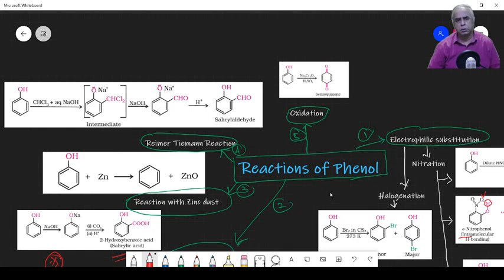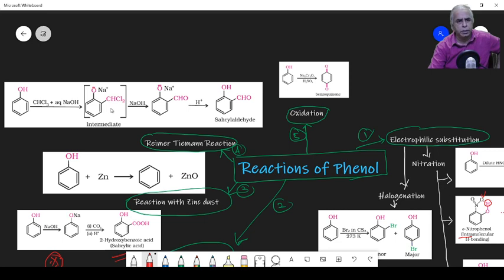Reimer-Tiemann reaction. This is another named reaction. Here phenol is treated with chloroform. CHCl3 means trichloromethane, which is nothing but chloroform, in presence of aqueous NaOH, sodium hydroxide.